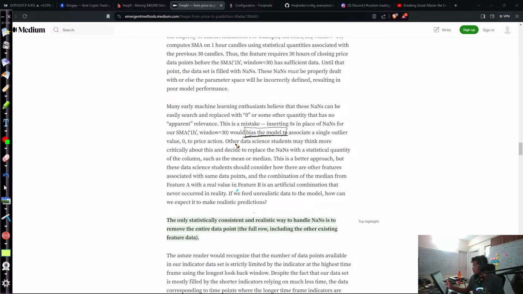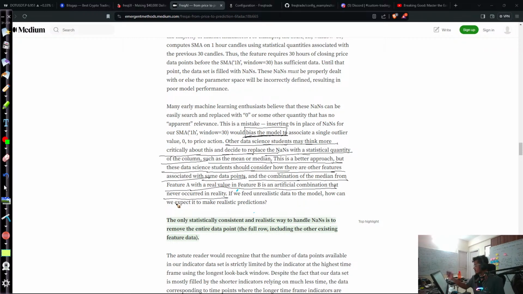Other data science students may think more critically about this and decide to replace NANs with a statistical quantity of the column, such as the mean or median, right? This is a better approach, but these data science students should consider how there are other features associated with the same data points. And the combination of the median from feature A with a real value in feature B is an artificial combination that never occurred in reality.